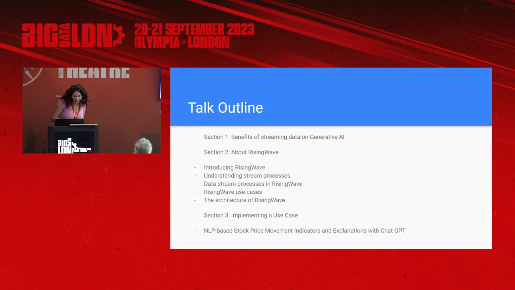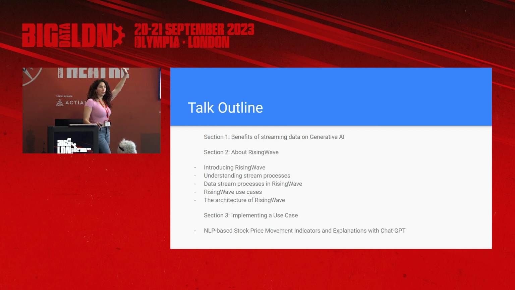Okay, so to get started, this is the talk outline. We're going to first go over the benefits of using streaming data on generative AI, and I'll talk a little bit more about stream processing. For a show of hands, is anybody here currently using streaming systems like Kafka, Red Panda, or anything like that? Okay, so we have a lot of people who are familiar with streaming systems.